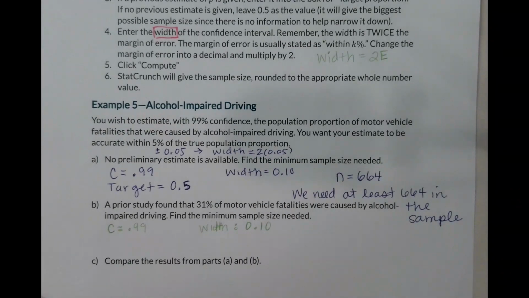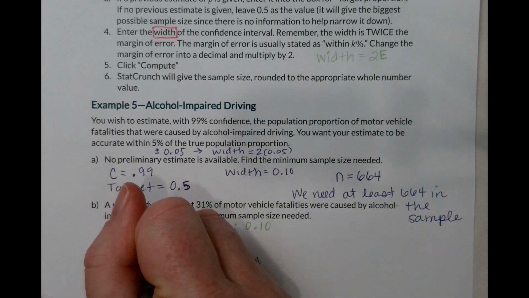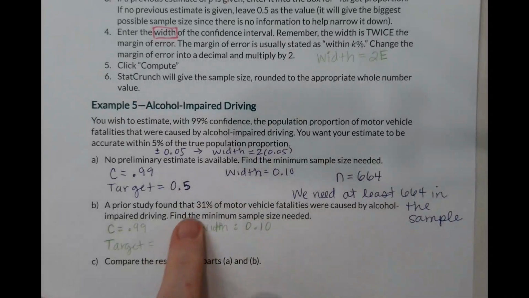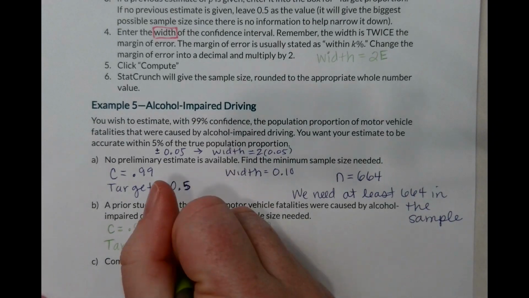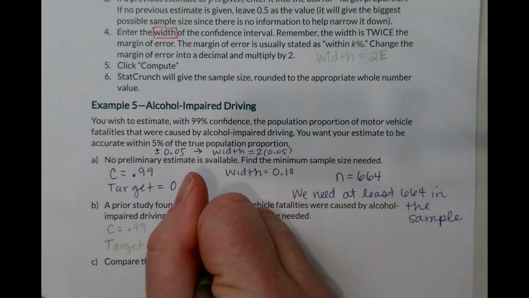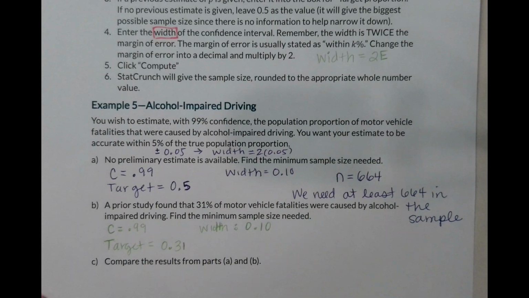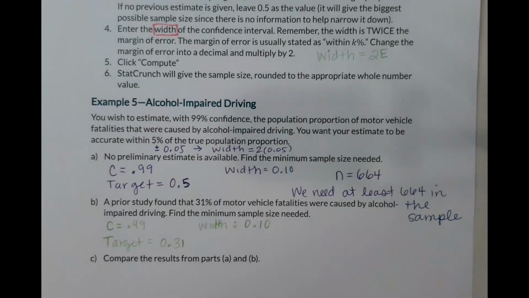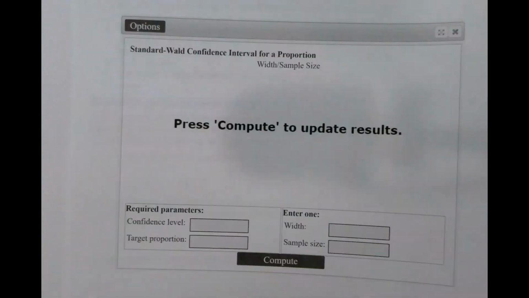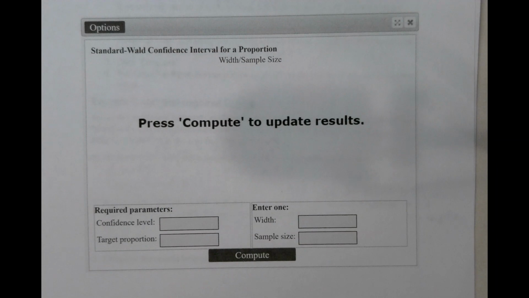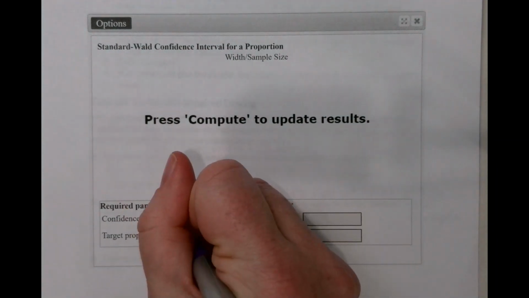Now, though, our target is going to be this sample proportion that we found from a previous study, and so 0.31. So again, here's my lovely screen. I would not have needed to change the confidence level.